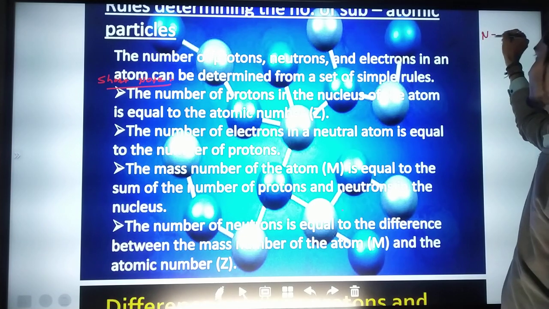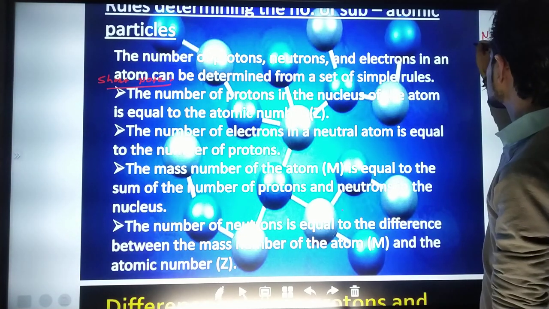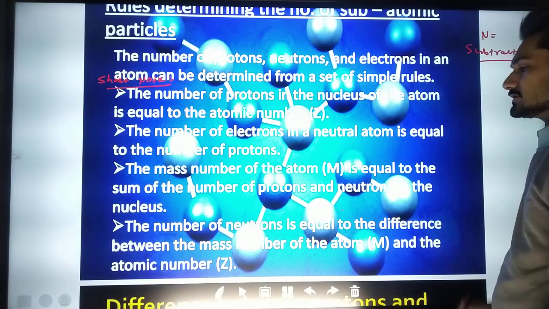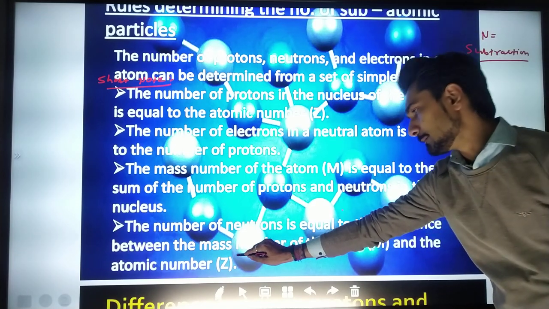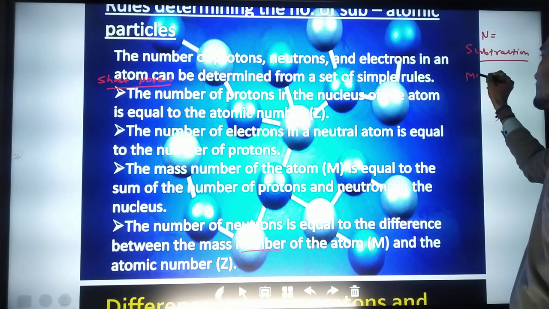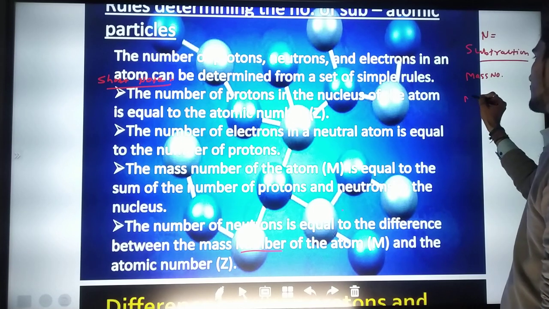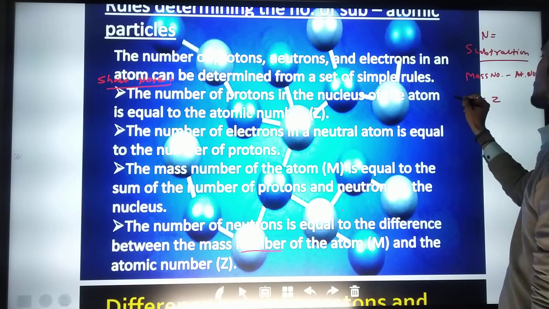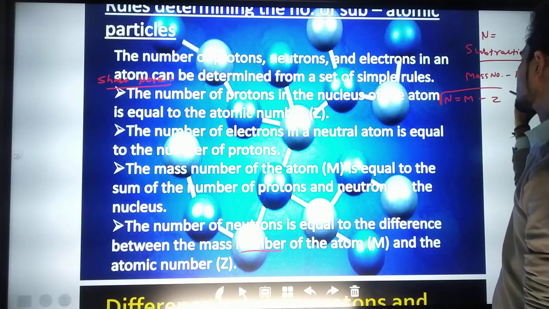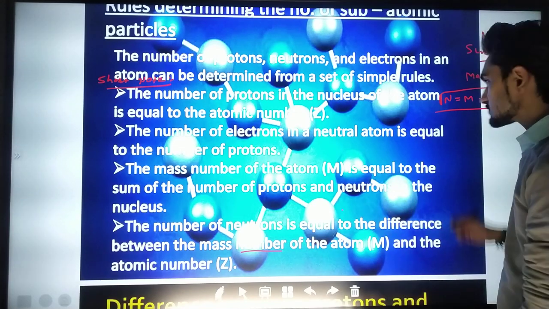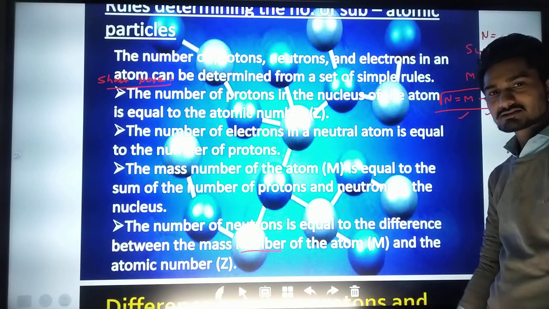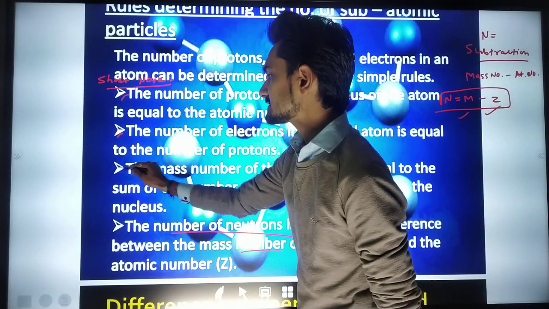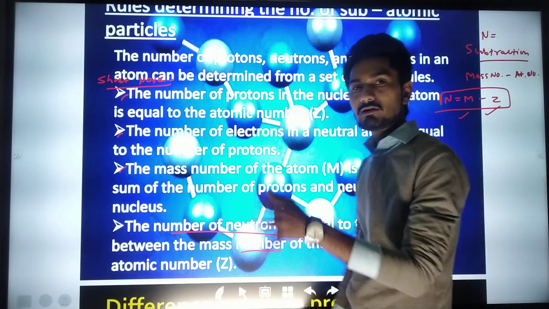If we want to find the number of neutrons, what do we have to do? We have to do subtraction. Difference means we have to find the subtraction. We have to subtract the mass number, represented by M, minus the atomic number, represented by Z. So to find the number of neutrons present in the element, we just subtract M minus Z. This is the simple formula to find the number of neutrons, because in the three rules we haven't seen how to calculate the number of neutrons.